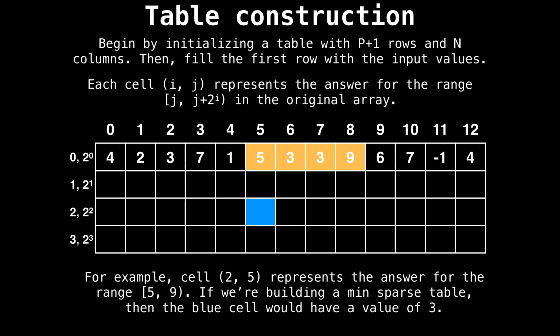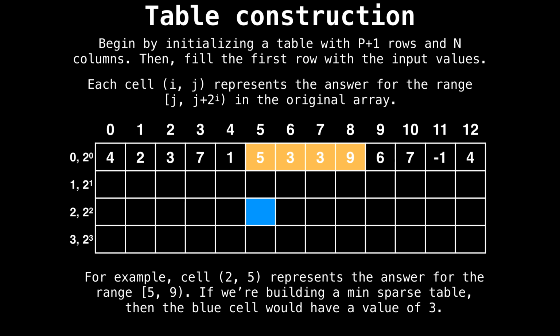In this table, each cell i, j represents the combined answer for the range j inclusive to j plus 2 to the i non-inclusive in the original array. For example, the cell at row 2, column 5 represents the answer for the range 5 to 9 non-inclusive.